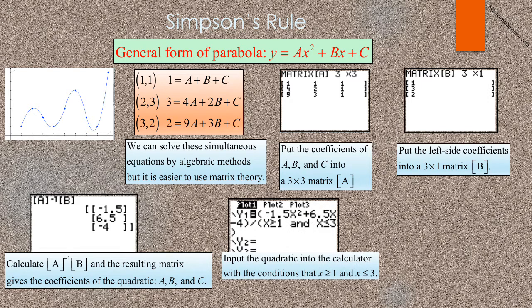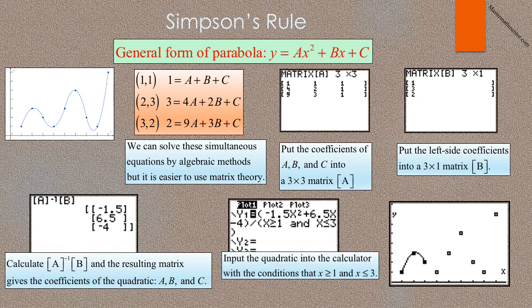To show that we are correct, we will input the quadratic into the calculator with the conditions that x is greater than or equal to 1 and x is less than or equal to 3. So our equation is y1 equals negative 1.5 x squared plus 6.5 x minus 4, divided by the expression x greater than or equal to 1 and x less than or equal to 3.